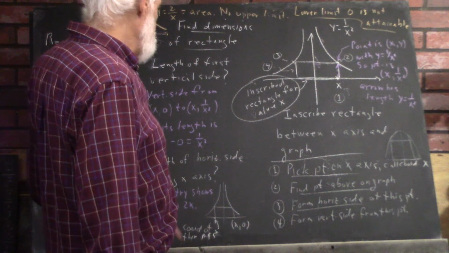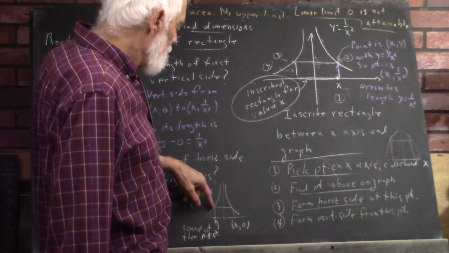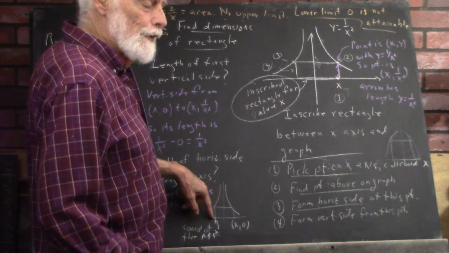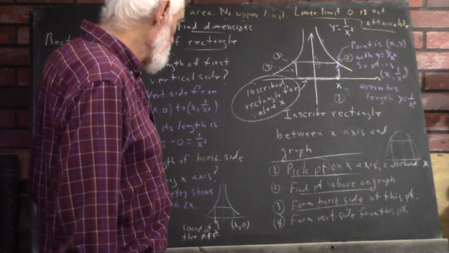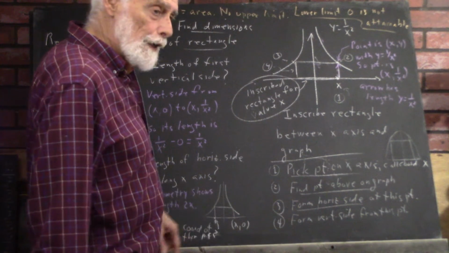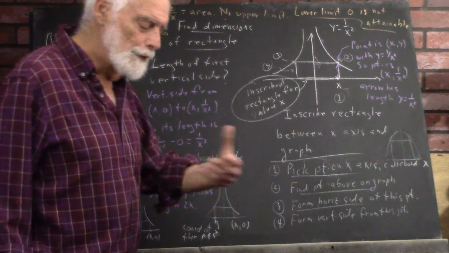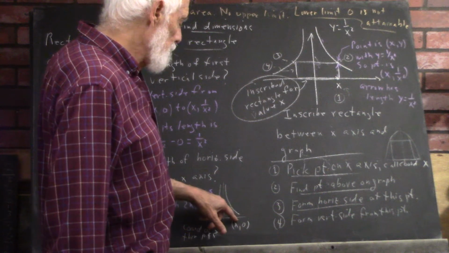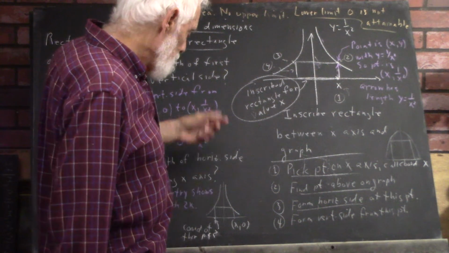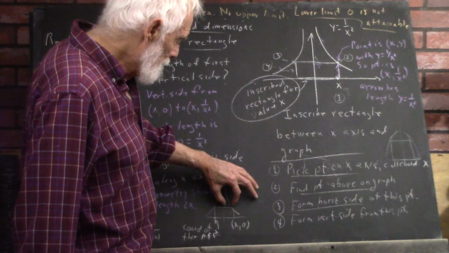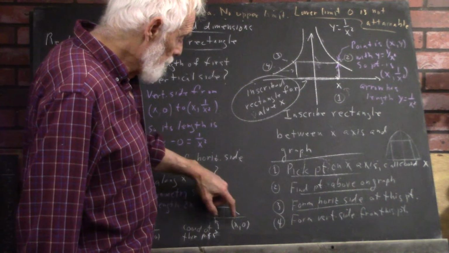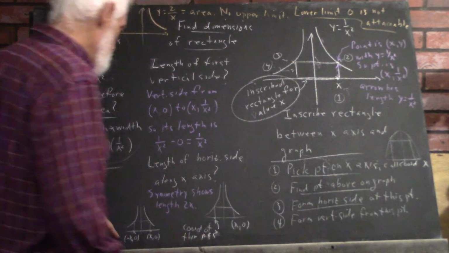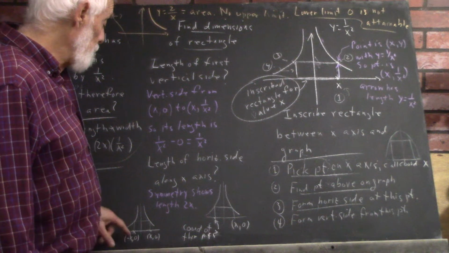Obviously the y-coordinate is 0 because it's on the x-axis, but the symmetry of this graph, that you should have a pretty deep experience of, tells us that the x-coordinate here is the negative of the x-coordinate here. Another way of looking at it is just that this distance has to equal this distance. So if this is x0, this has to be negative x0.